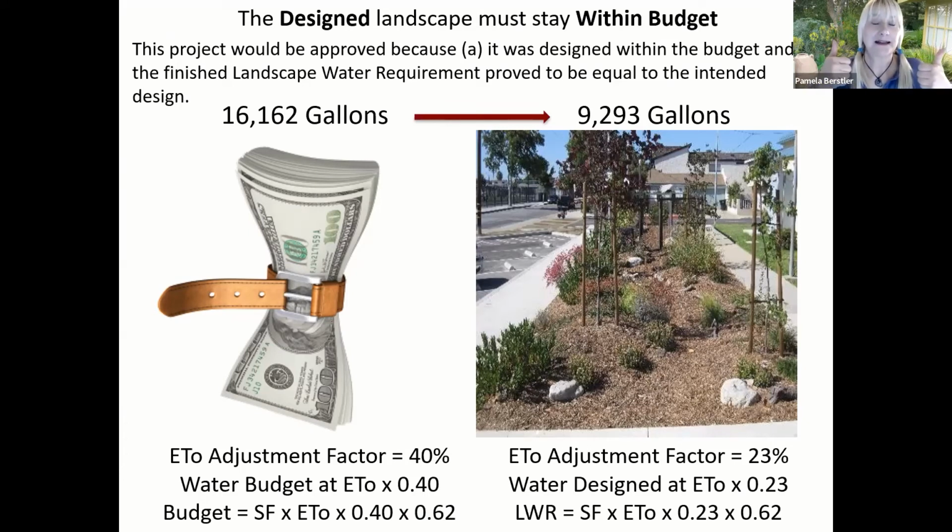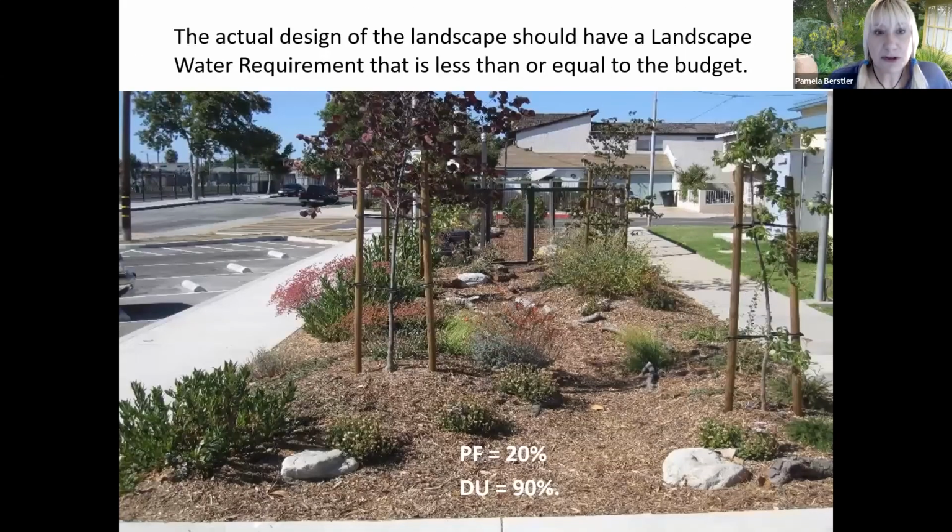I'm good. But what if I had spray irrigation here in the new landscape instead of drip irrigation? And you know it was drip irrigation, right? Because you can see that the distribution uniformity is 90%. So it's very likely to be highly targeted irrigation, drip irrigation.